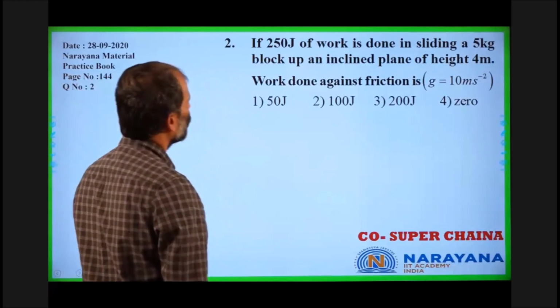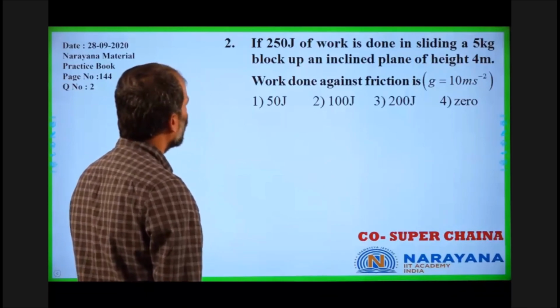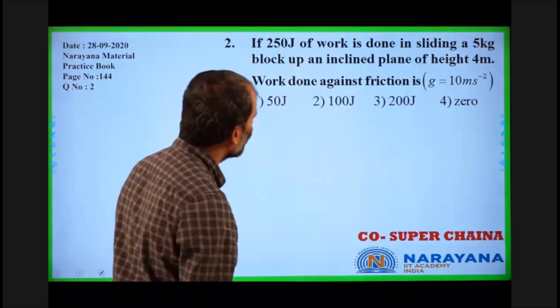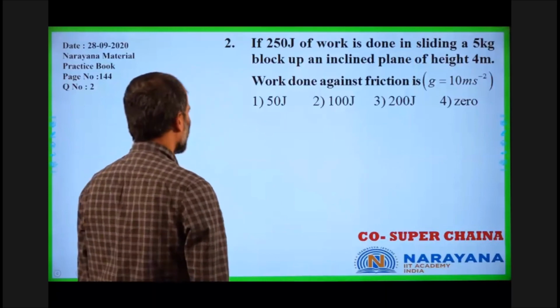If 250 joules of work is done in sliding a 5 kg block up an inclined plane of height 4 meters, what is the work done against friction?